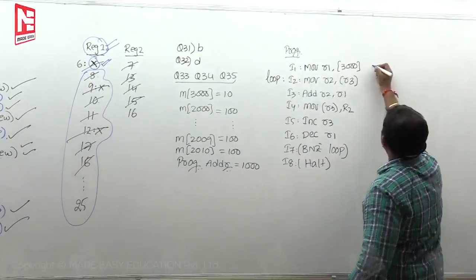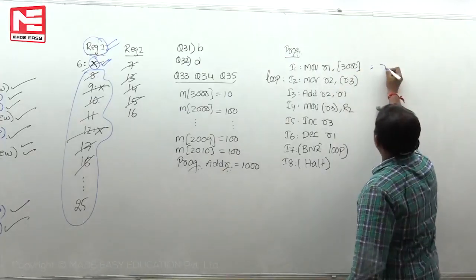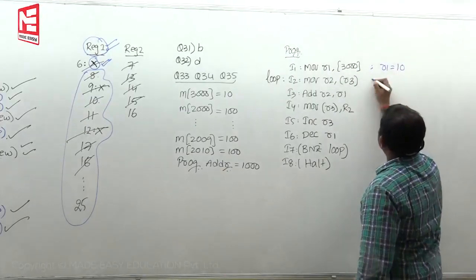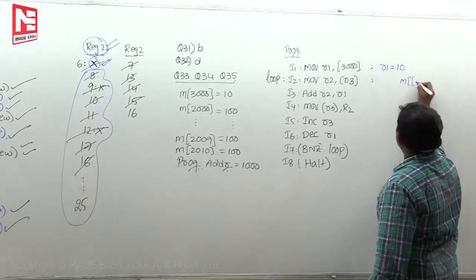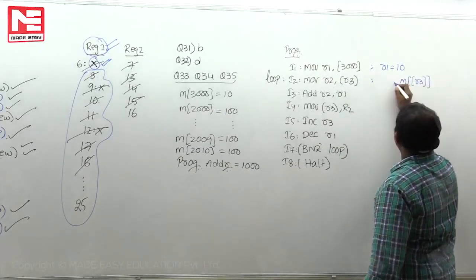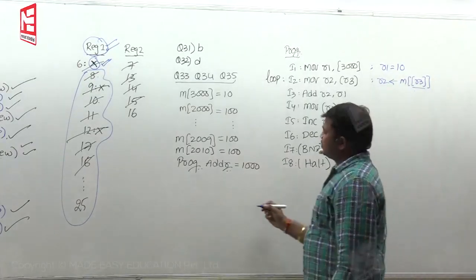Now see this, actually here the memory content of 3000 is loading into R1. Now R1 becomes 10. Now here, what is its meaning? Memory with square brackets enclosing R3 is loading into R2. R3 contains 2000, as given in the question.